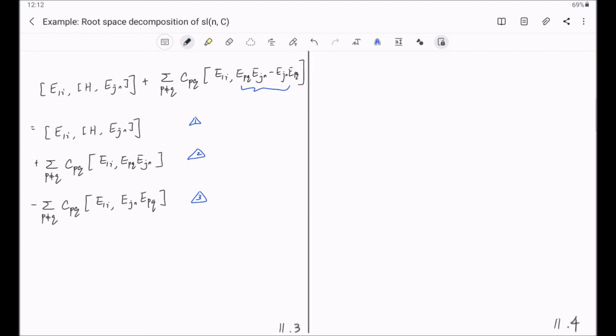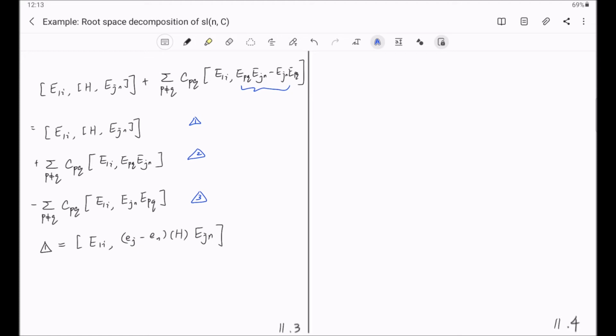The part number 1 is easy. So triangle number 1 will just be equal to E sub 1i, comma, remember this part, by our computation at the beginning, is equal to E sub j minus E sub n applied to h times E sub jn.